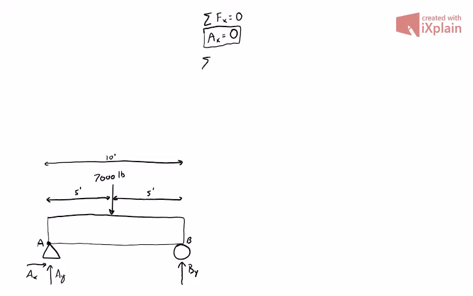Next up, we'll do the sum of the forces in the y direction is equal to 0. Again starting left to right, we have our AY, we have our minus 7,000 pound point load, and we have our BY. The sum of all three of those is equal to 0. At this point we have two unknowns and only one equation, so we can't really solve it.